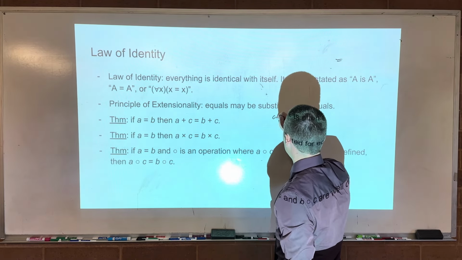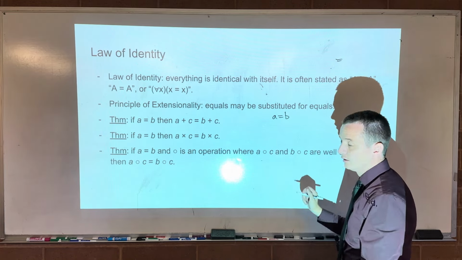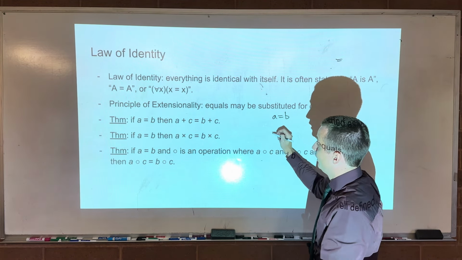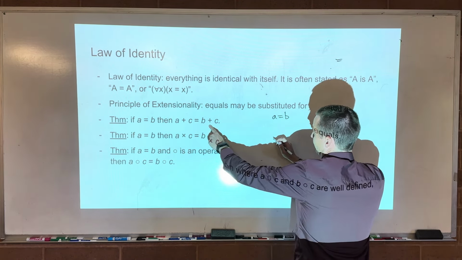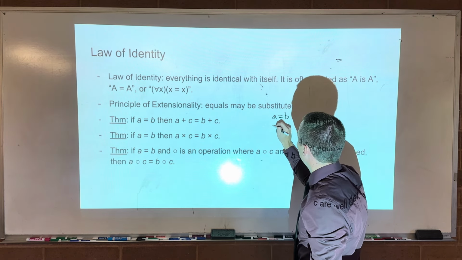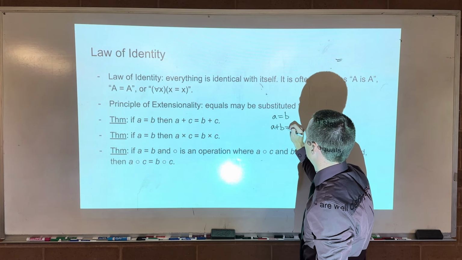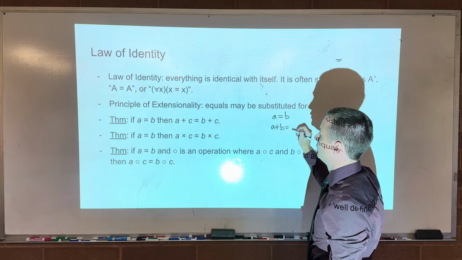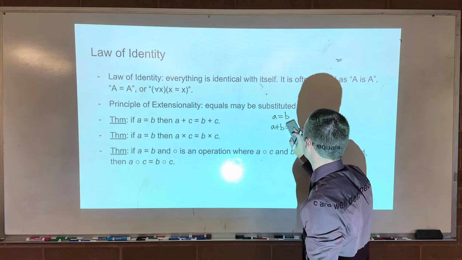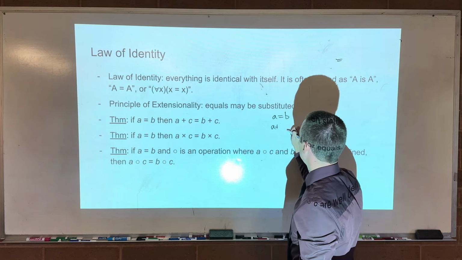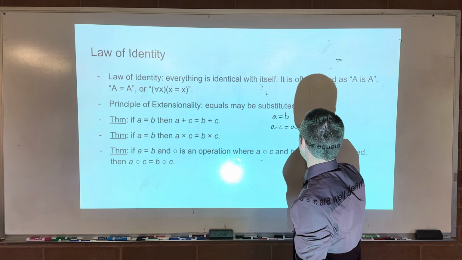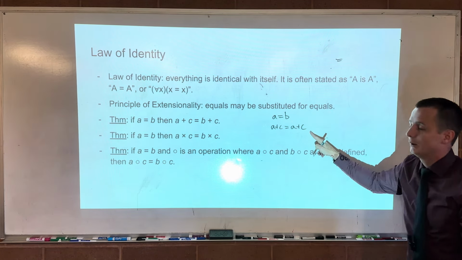If I know A equals B, I'm trying to prove this equals this. Giving an example doesn't work. Notice, A plus C is equal to A plus C. This is always true. How do I know?